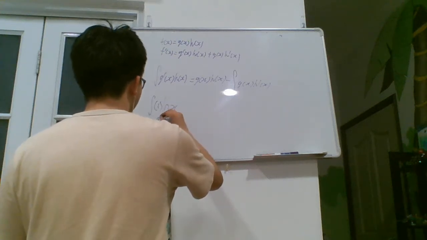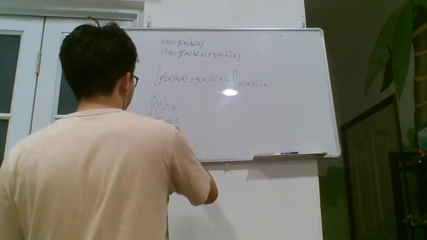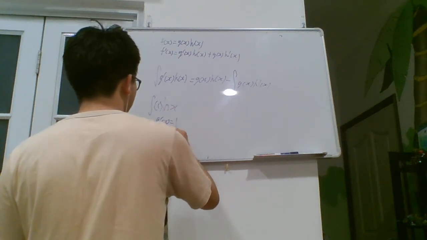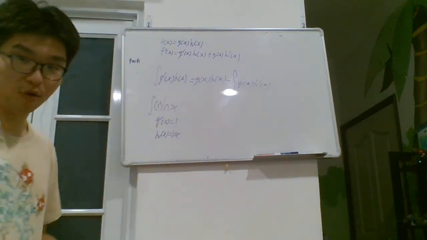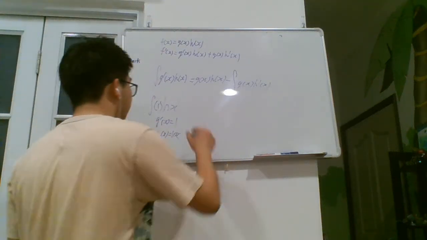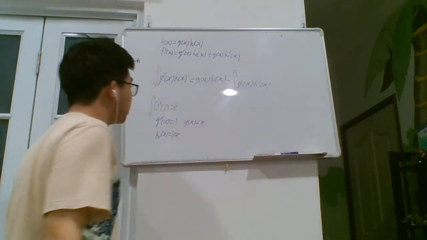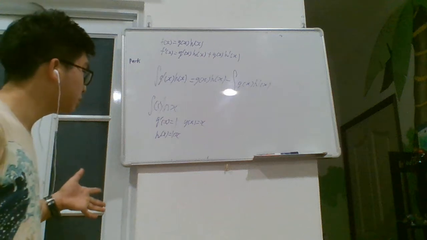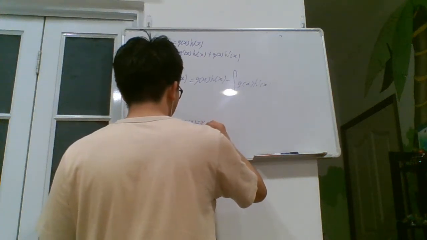So g prime x equals 1, h x equals ln x. Am I right to say this? I hope I am. So g x will be equal to x, and of course, you don't have to care about the constants, and h prime x equals 1 over x.